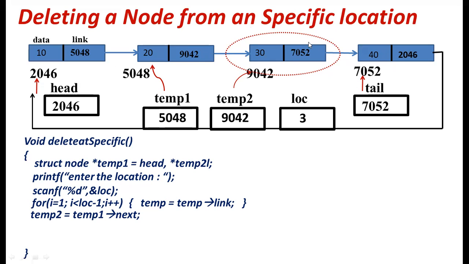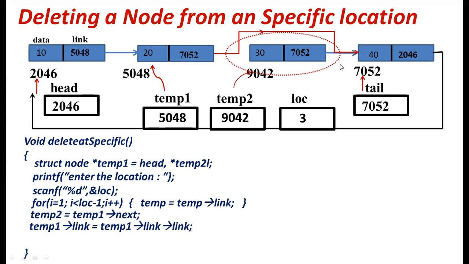The value we have to place, we can do it in 2 ways. It can be temp2 to link value, or it can be temp1 to link value. So the logic is temp1 to link is equal to temp2 to link. Then it will be pointing to the 7052 address and it will be pointing here.